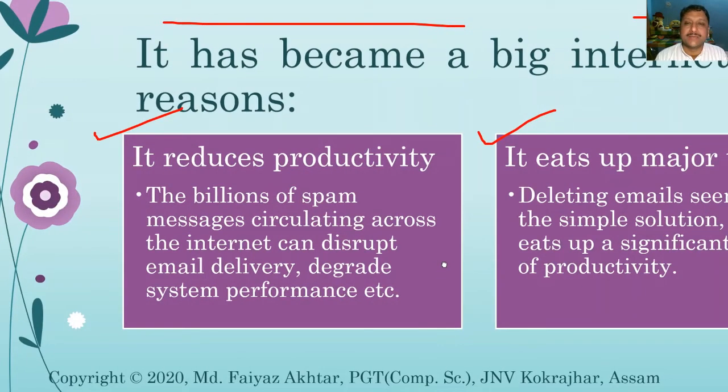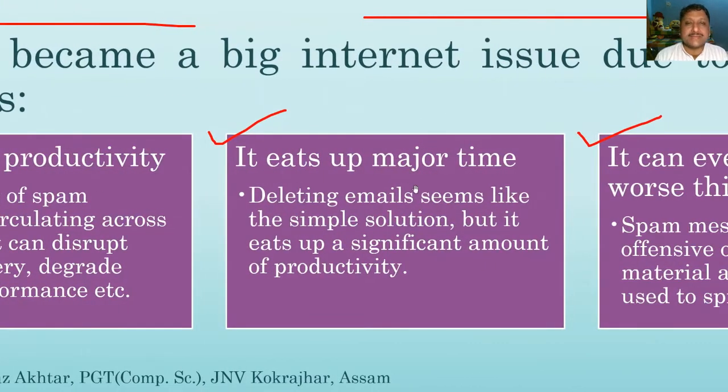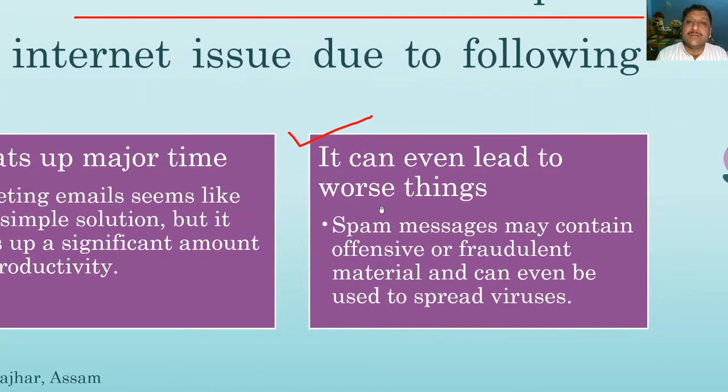Through this it will reduce your productivity. It eats up major time. Deleting an email takes a fraction of a second, but deleting lots of emails, selecting all those emails and then deleting, seems like a simple solution, but it eats up a significant amount of productivity.